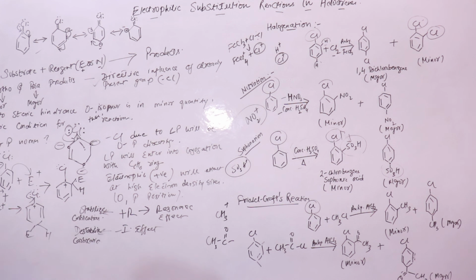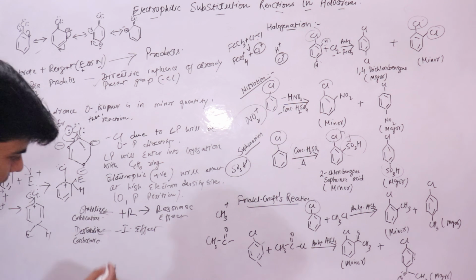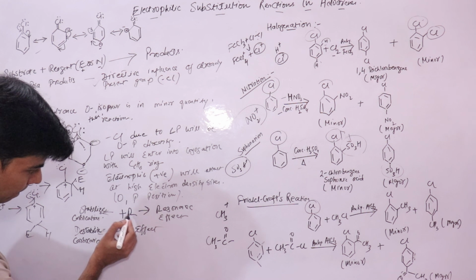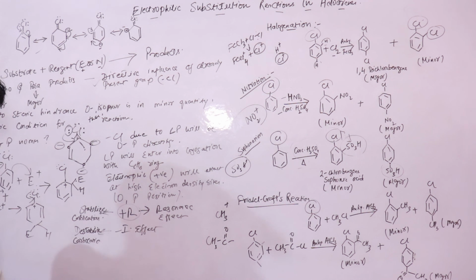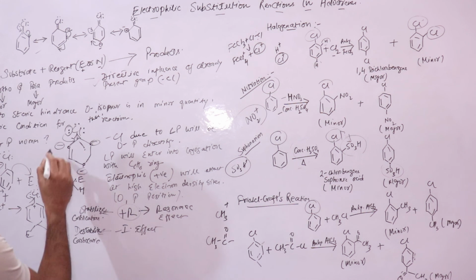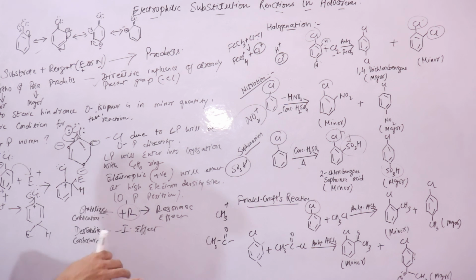So just understand these two effects of the already present Cl group. Now what will happen is, this plus R effect is directing the incoming group to the ortho and para positions, right?